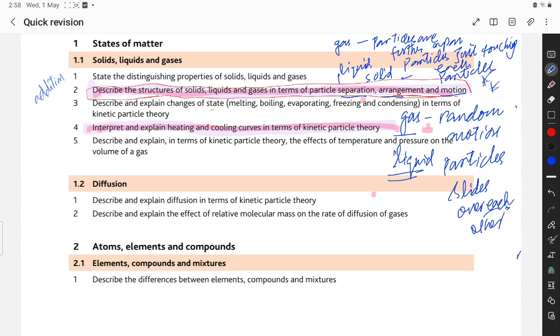And in case of solid, particles vibrate on their fixed positions.